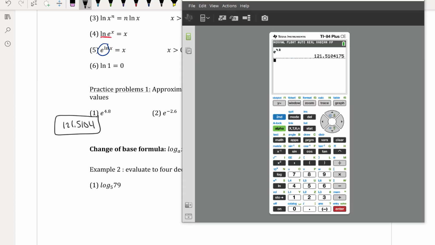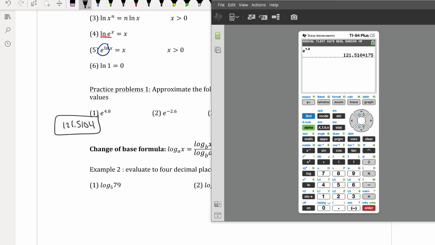Now I'm going to do the exact same thing, except now I'm going to plug in negative 2.6. So I'm going to go second e and negative 2.6. Notice how I didn't write in that negative. Okay, so I have my e to the negative 2.6.